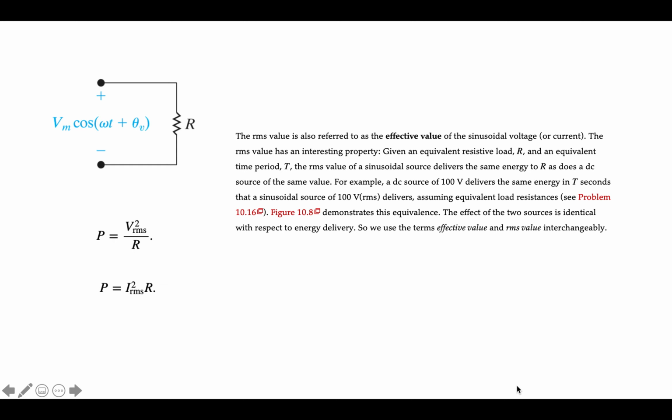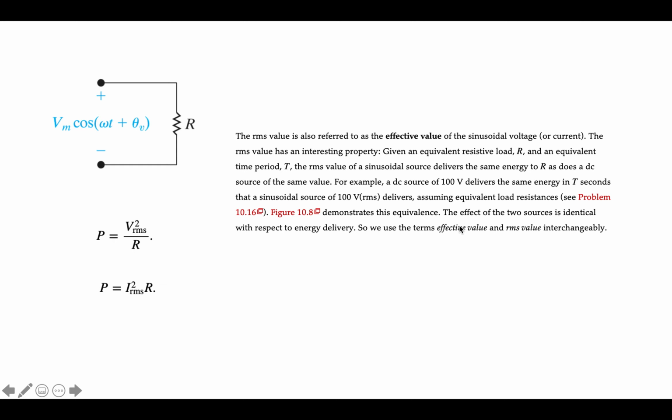So because of that, it's easy to calculate the average power if you already have the voltage in terms of RMS and if the impedance is resistive. So if we have this kind of circuit, we can calculate the average power dissipated in that resistor either by taking the RMS voltage squared over R or by taking the RMS current squared times R.